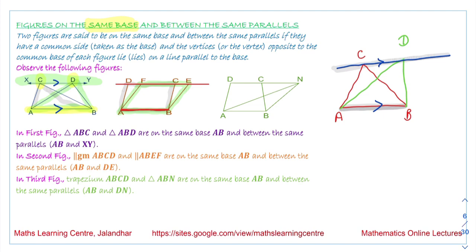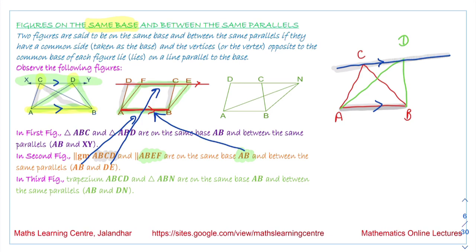These two lines are parallel to each other. So we are saying that the parallelogram ABCD and the parallelogram ABEF have the same base AB, and they are between the same parallels. These are the two parallel lines.